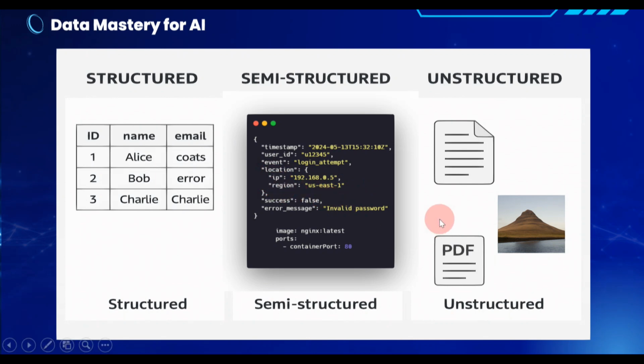Unstructured data like PDF or MP4 files holds valuable information, but we still need AI or special tools to read the data from it. As a data engineer, it's your responsibility to first understand the data type before working with it.